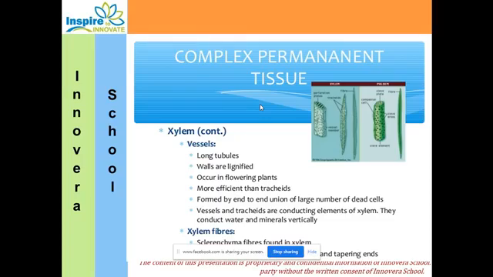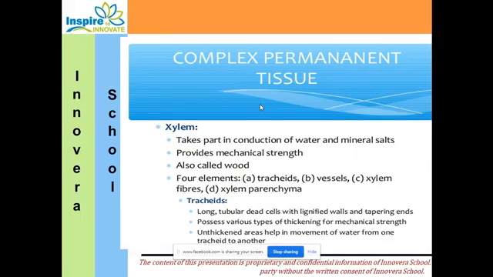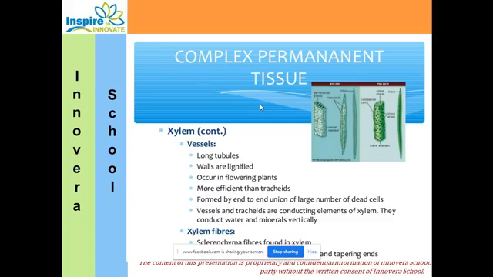Next, they occur in flowering plants. So where are these vessels present? They occur mostly in flowering plants. They are more efficient than tracheids. Now you can see that tracheids are also long tubular structures, but vessels are a little bit bigger, or you can say more elongated than the tracheids.